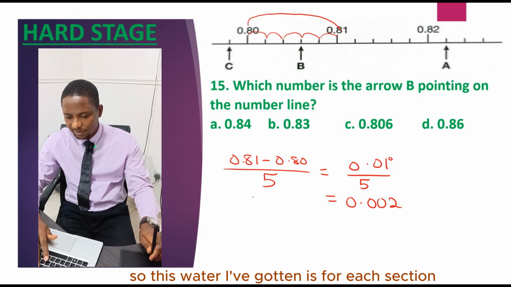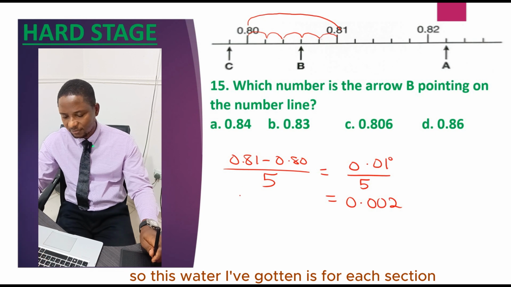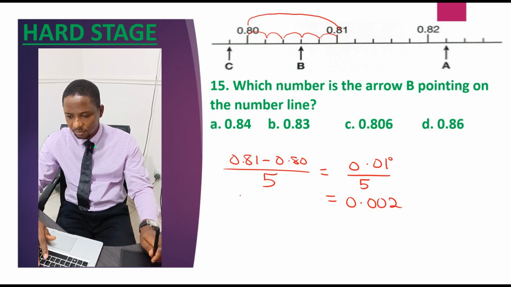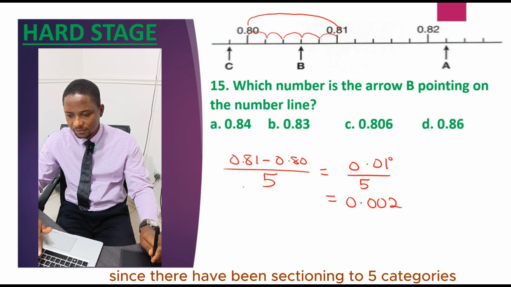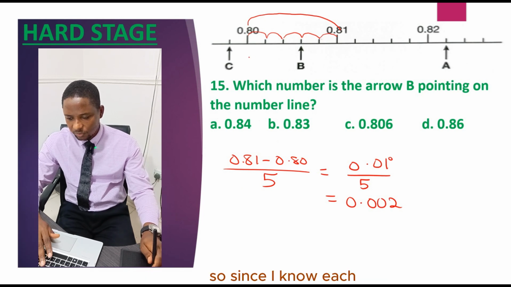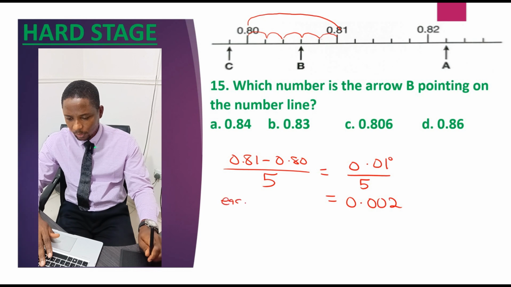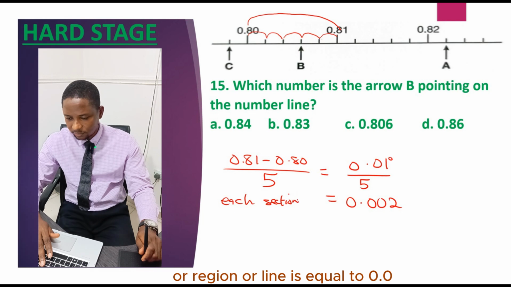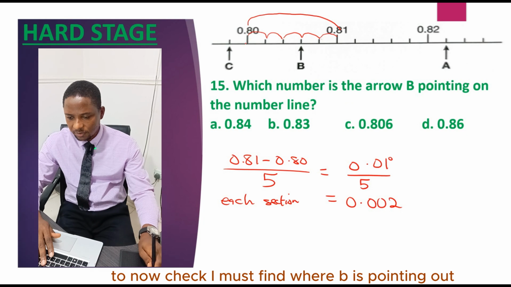So this, what you have gotten, is for each section or each line, since they have been sectioned into 5 categories. So since I know each section or region or line is equal to 0.02.